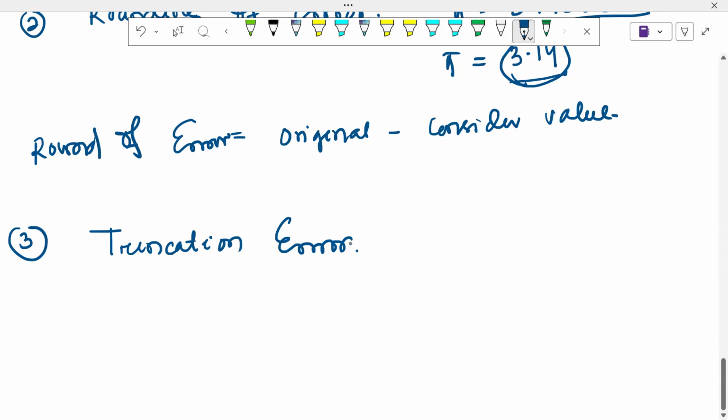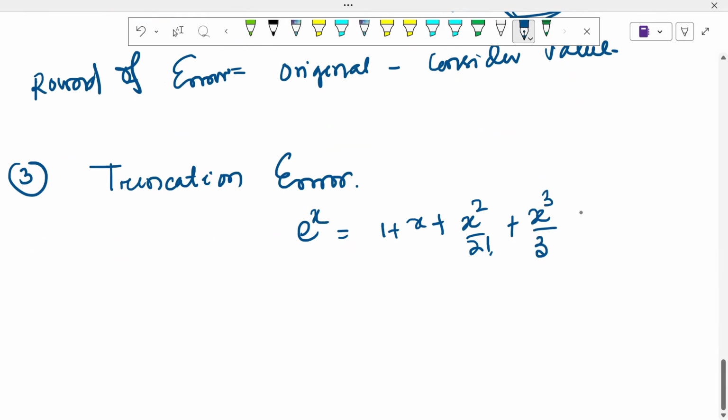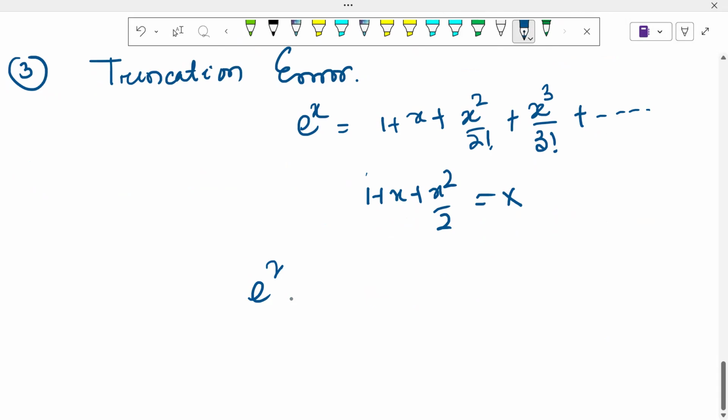Consider the series of e to the power x: 1 plus x plus x square by 2 factorial plus x cube by 3 factorial, and so on. When we consider only 1 plus x approximately, then e to the power x minus this approximation is the truncation error.